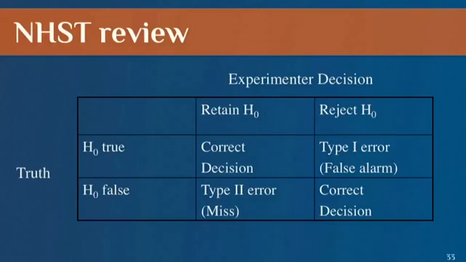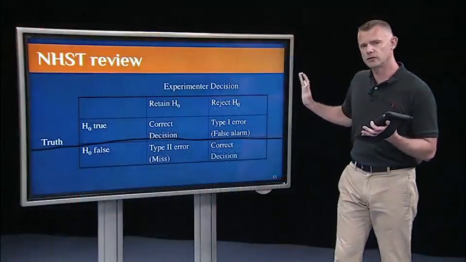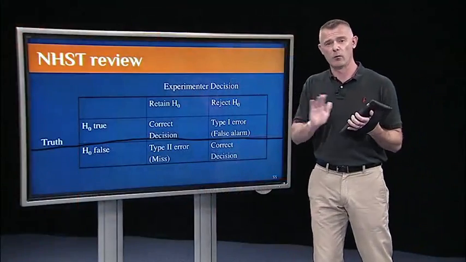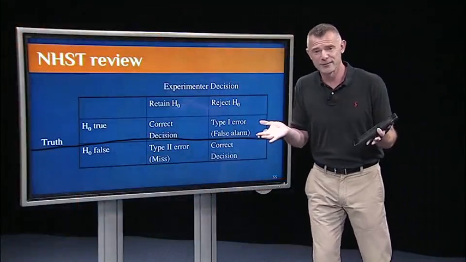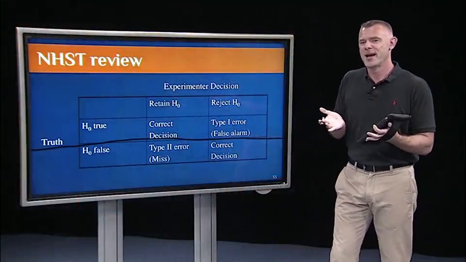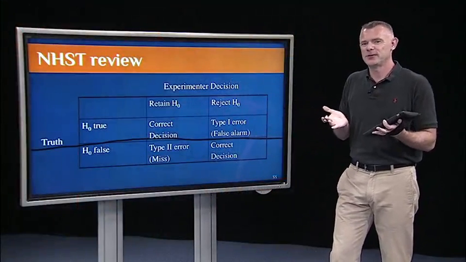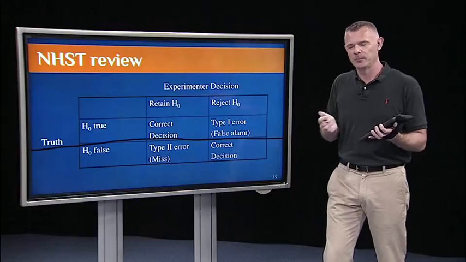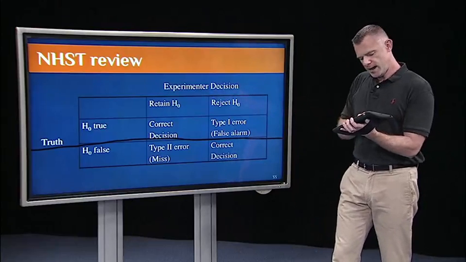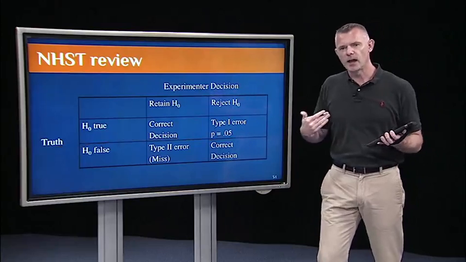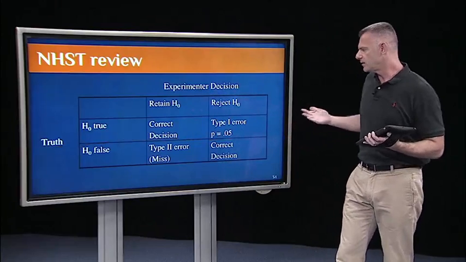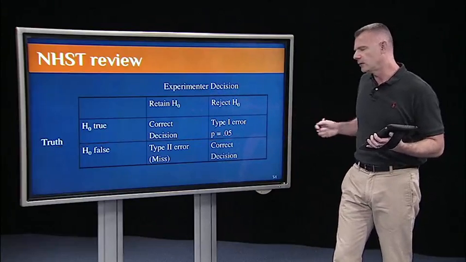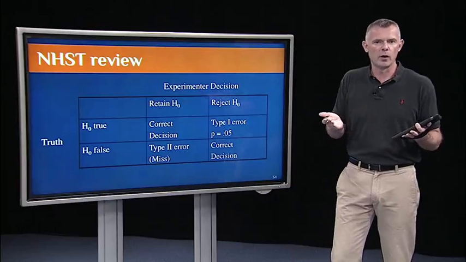You either live in a world where the null is true, or you live in a world where the null is false. Let's for a moment assume that the null is true, that you have no effect going on whatsoever, which might be the case for working memory training. So let's assume there's just no effect at all. We can estimate the probability of type 1 errors. We set that by setting alpha, say to 0.05.